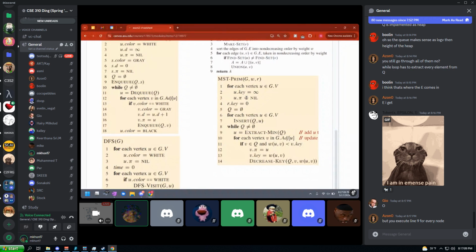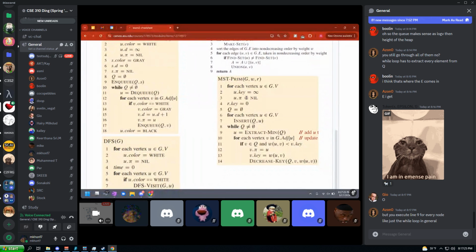You execute line 9 for every node. Line 9, U is equal to extract the minimum from the heap. That's just a while loop for the edges, I believe. For each vertex, and then just a while loop in general.